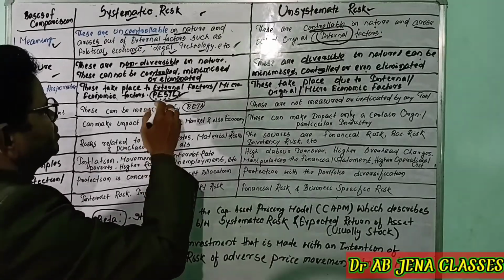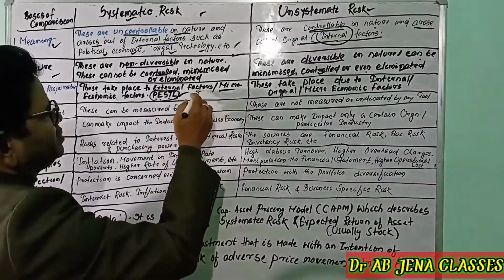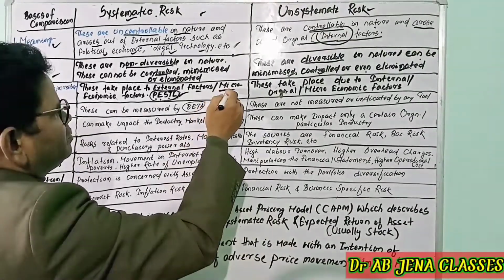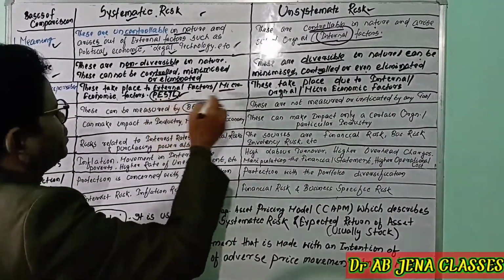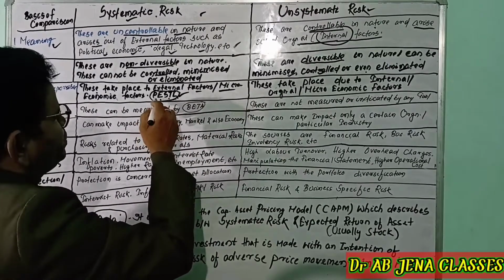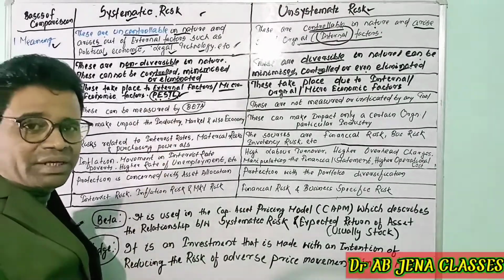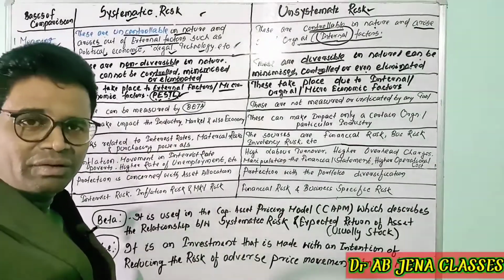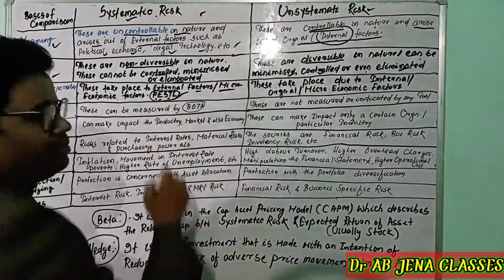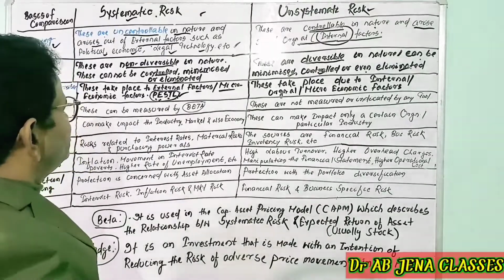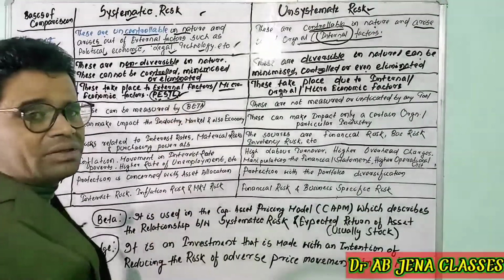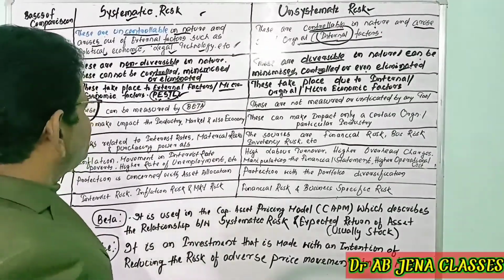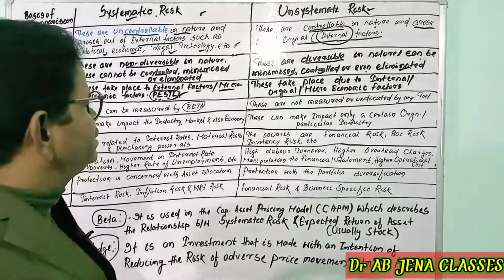Once again I am repeating, the external factors of the business environment, PESTEL: P stands for political environment, E for the economic environment, A for the socio-cultural business environment, T for the technological, and the last L stands for the legal business environment.